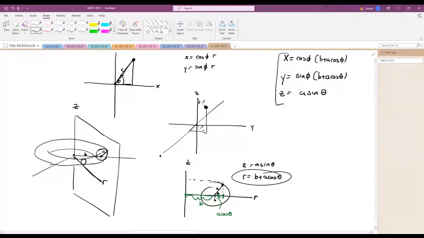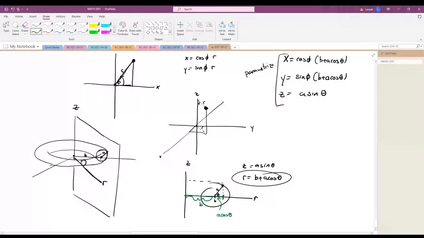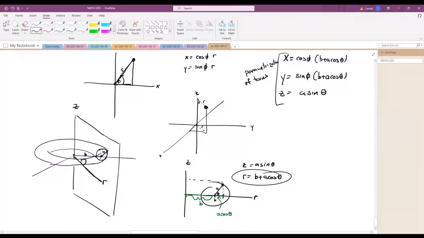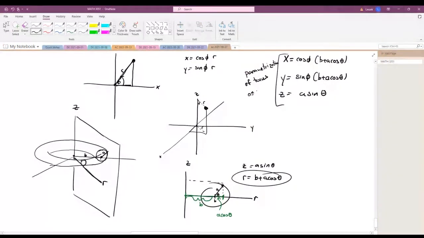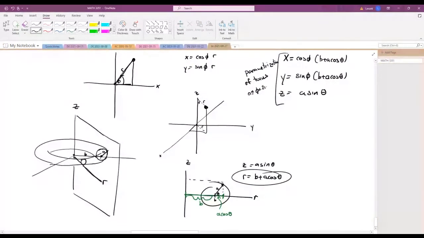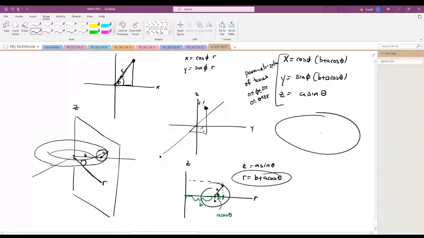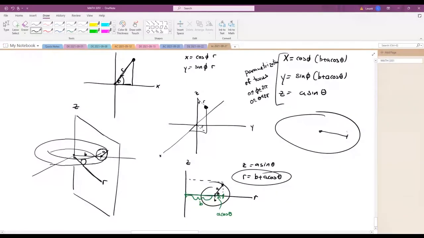Theta and phi both go from 0 to 2 pi. Parametrization of the torus, where the torus is defined by a big radius and then a small radius.